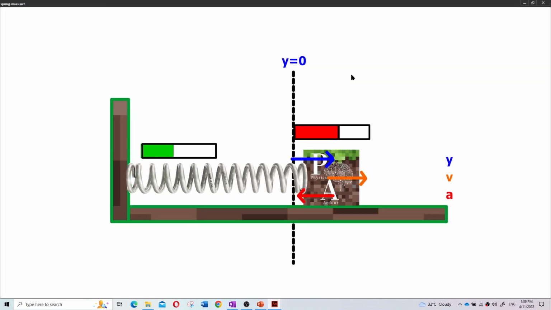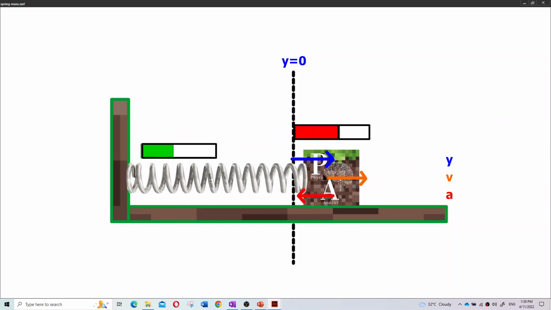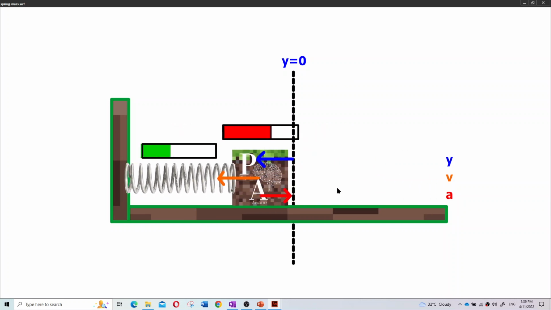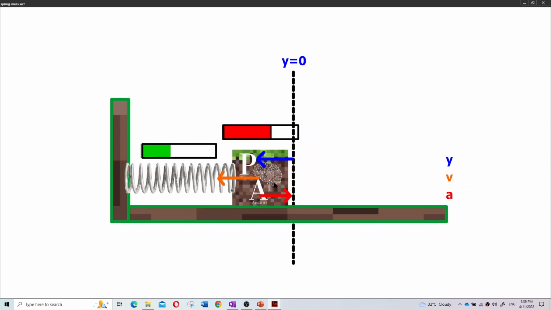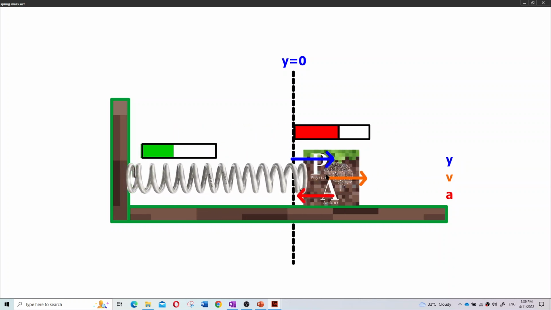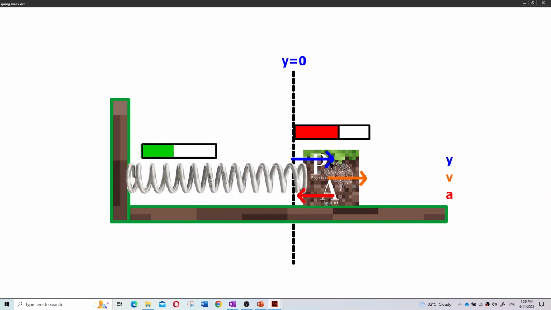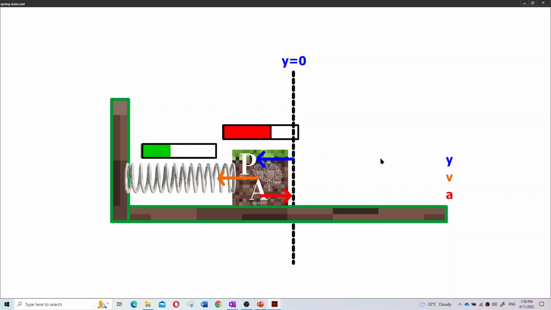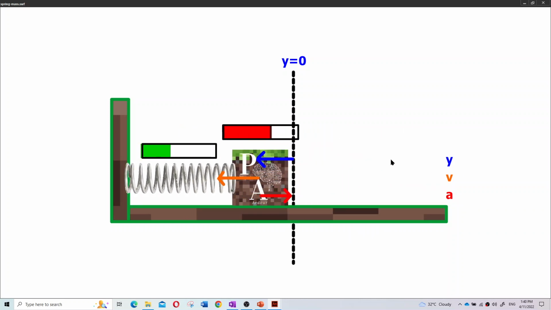Yeah, see that? What is the velocity at amplitude? See the object move to the amplitude, it stops, isn't it? When displacement is amplitude, velocity becomes zero.